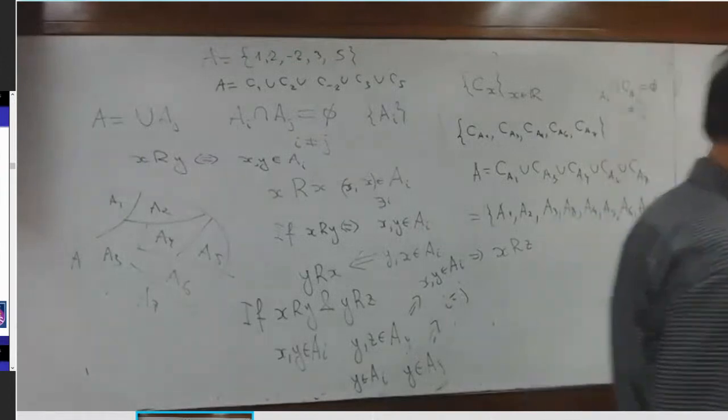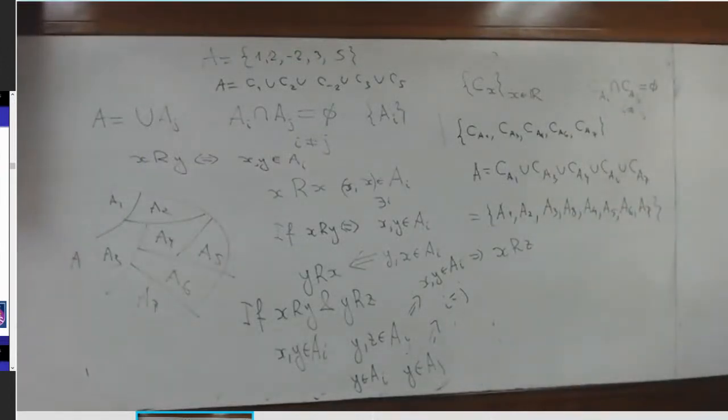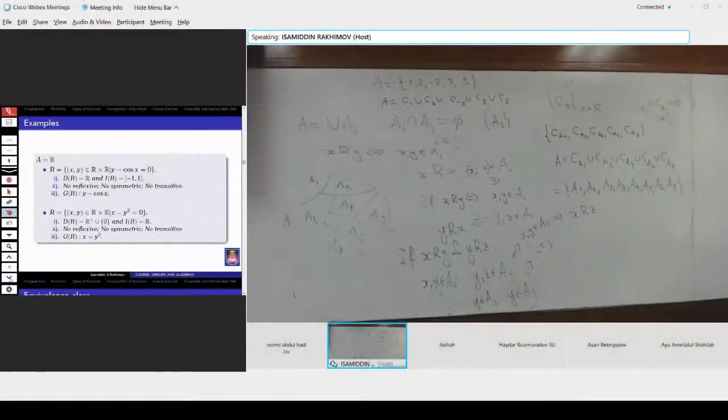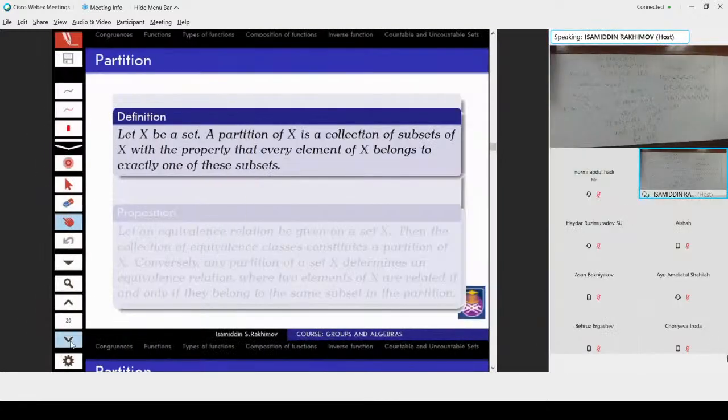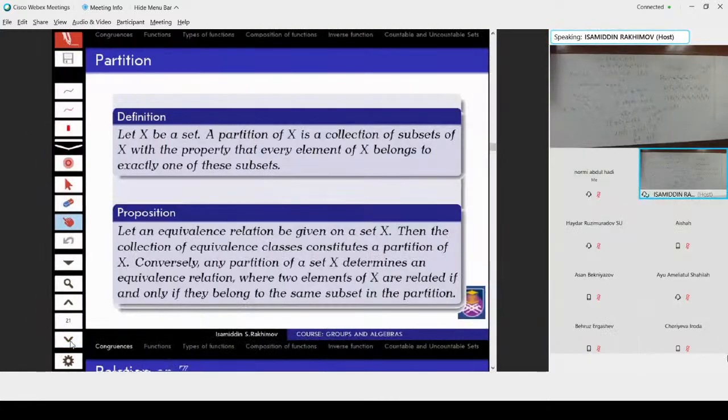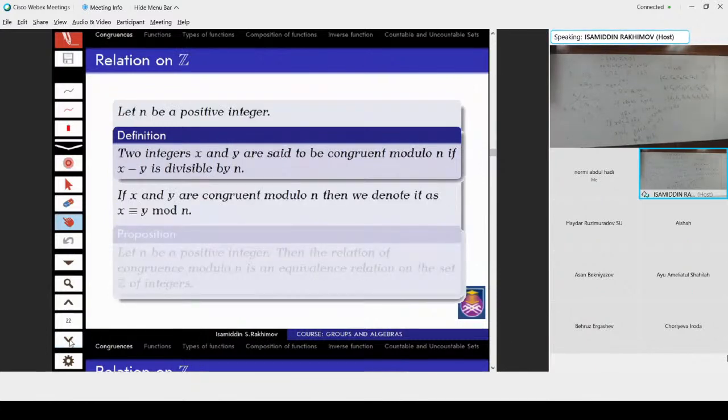That is a very important property. We will see how to use such a property in some examples. So this is that proposition which I just demonstrated.